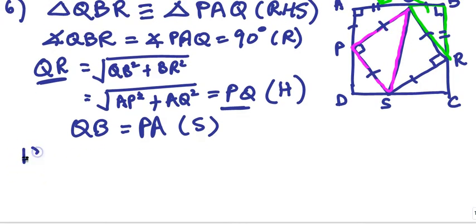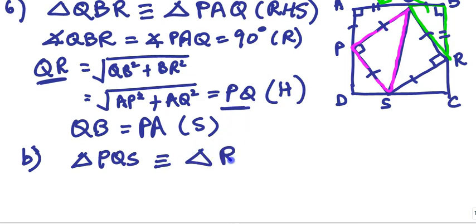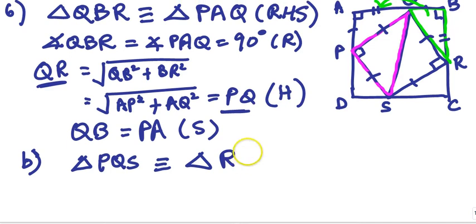So let's label this as part B, even though there's no part B given. I want to say that triangle PQS is congruent to triangle RQS, and we hypothesize that it is due to RHS.